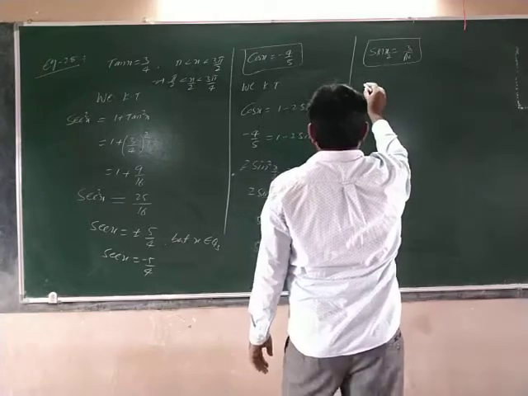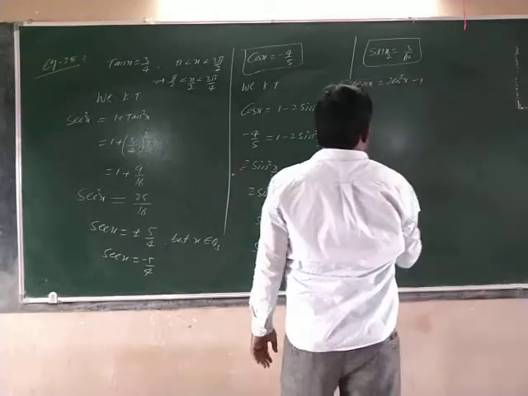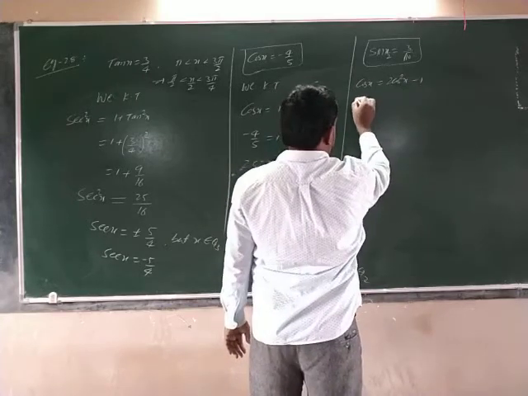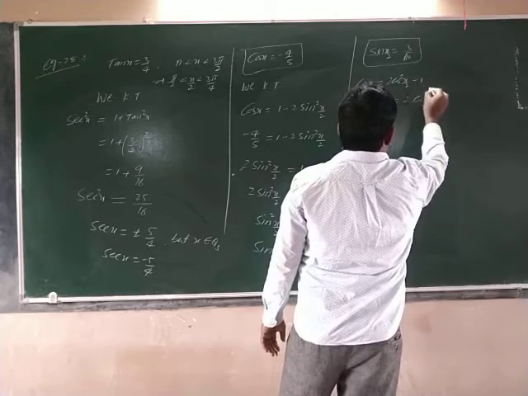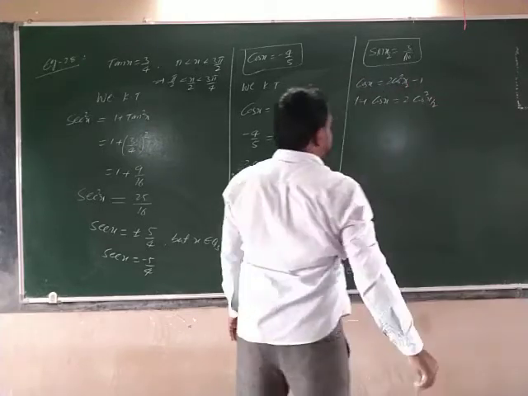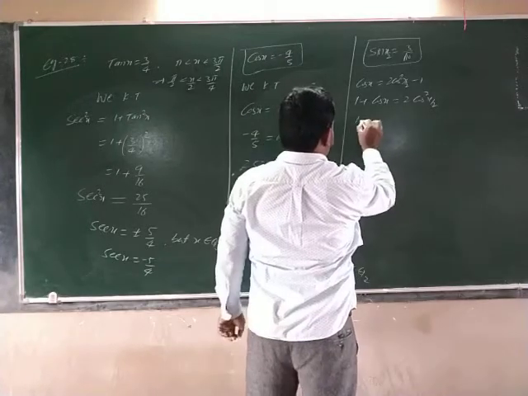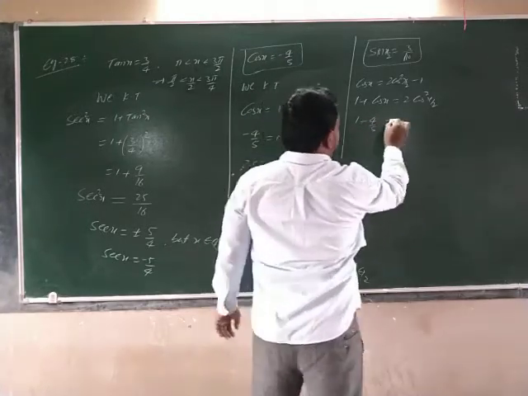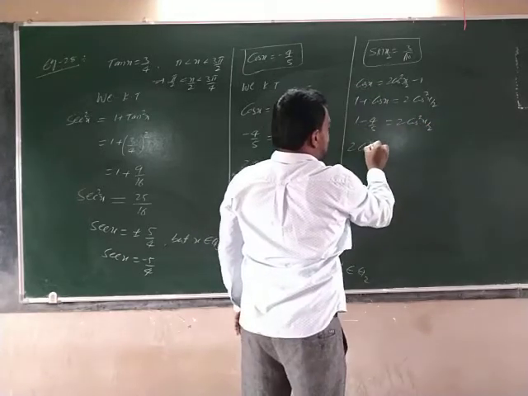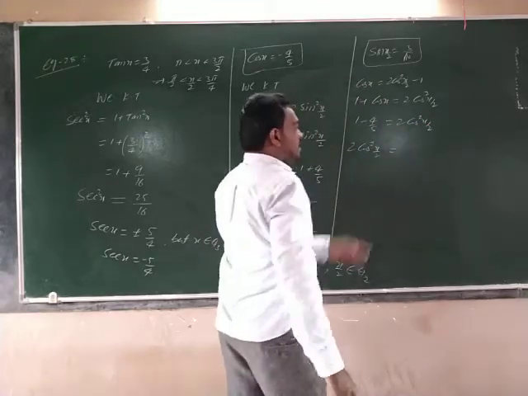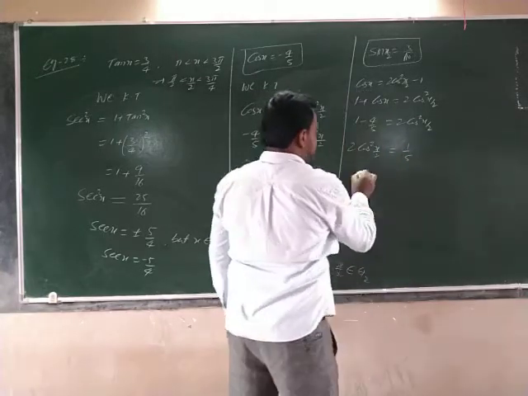Next, similarly, cos x is equal to 2 cos square x by 2 minus 1. That is, 1 plus cos x is equal to 2 cos square x by 2. Cos x is minus 4 by 5, so 1 minus 4 by 5 is equal to 2 cos square x by 2. 5 is the LCM: 5 minus 4, 1, so 1 by 5.